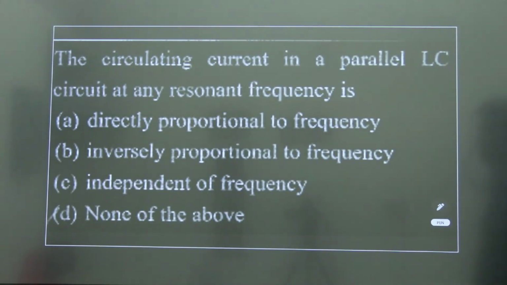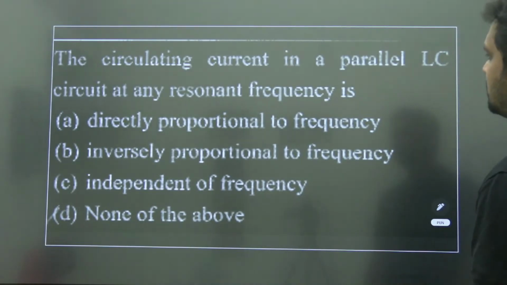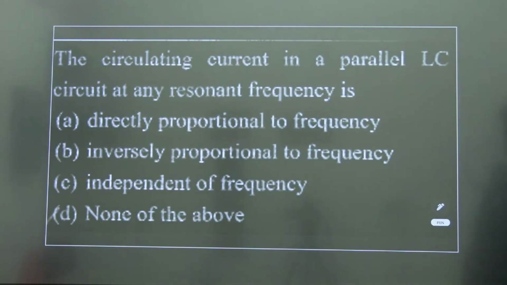Circulating current in the parallel resonant circuit at any resonant frequency is directly proportional to frequency, inversely proportional to frequency, or independent of frequency.